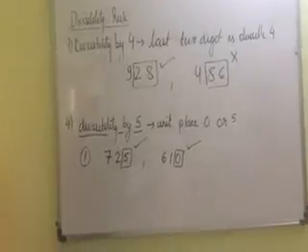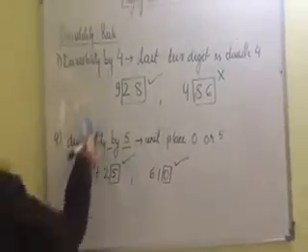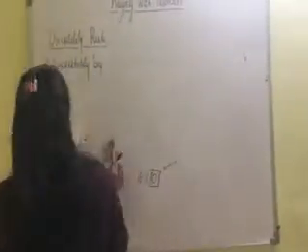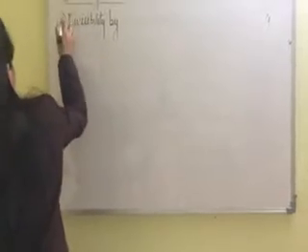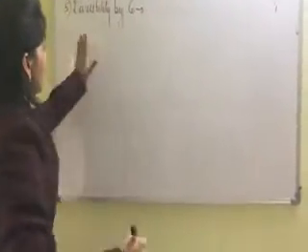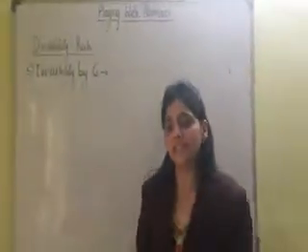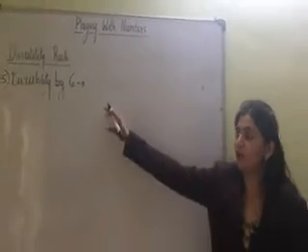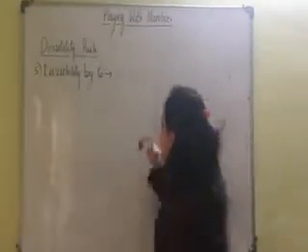Now the next is divisibility by 6. A number is divisible by 6 if the number is divisible by both 2 and 3.